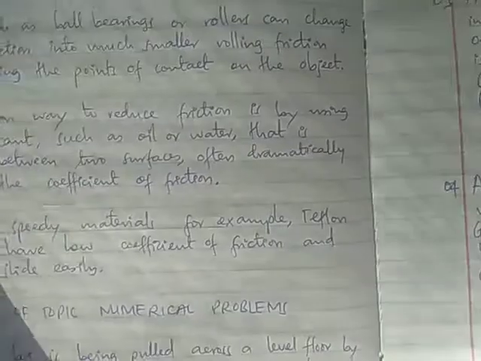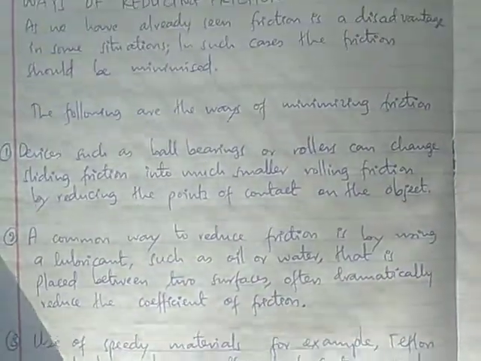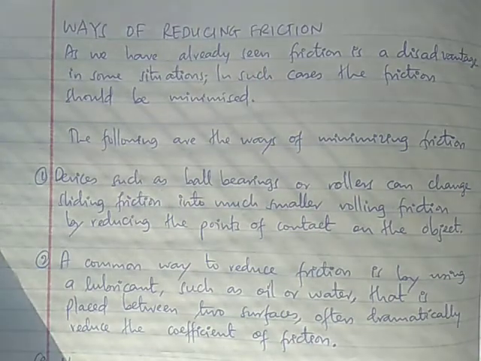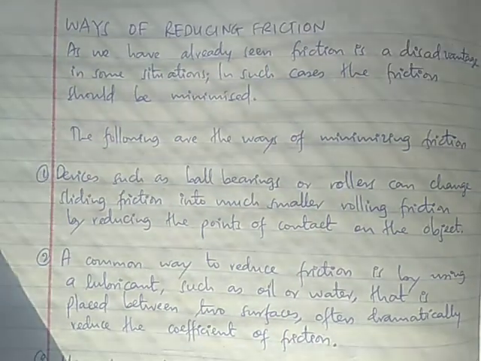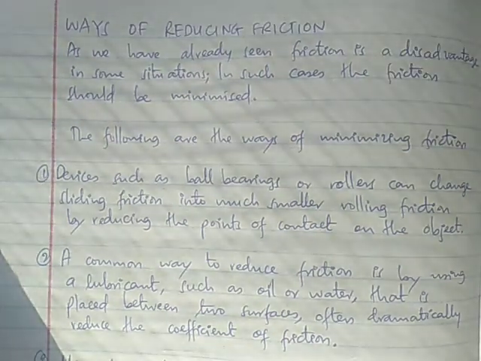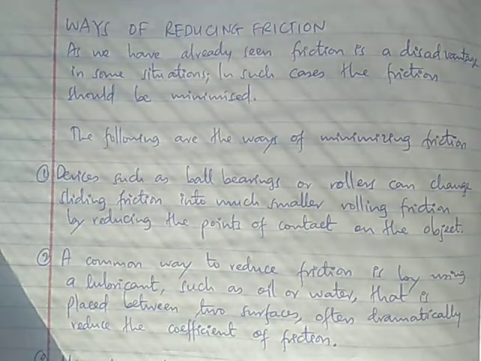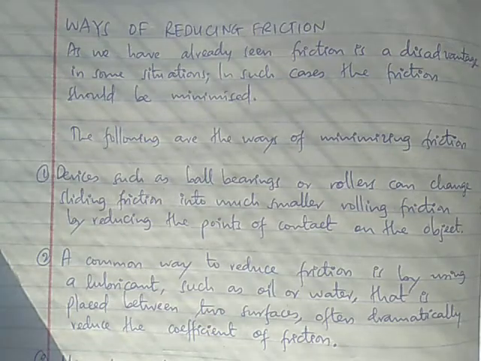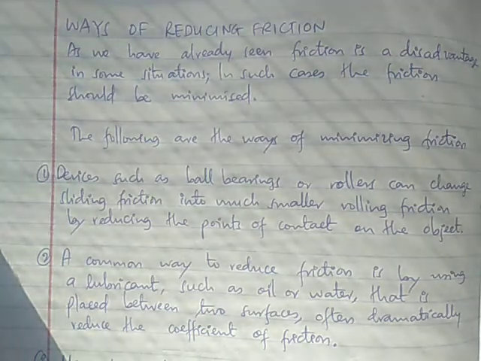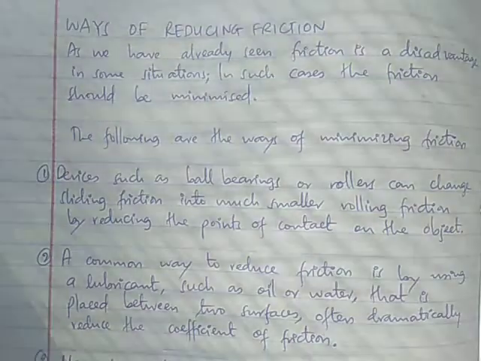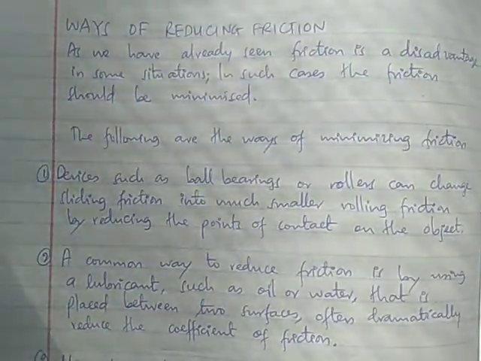Lakini from there, in some cases, friction is not advantageous, that means it is disadvantageous. And if it is a disadvantage, that means you must look for ways to reduce it, ways to reduce friction. So as we have already seen, friction is a disadvantage in some situations.